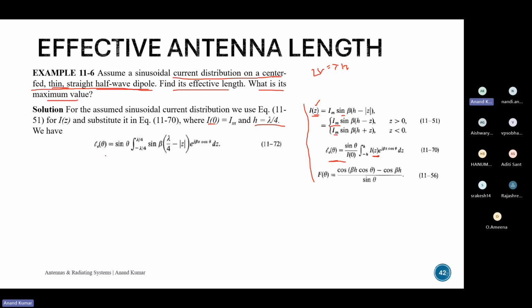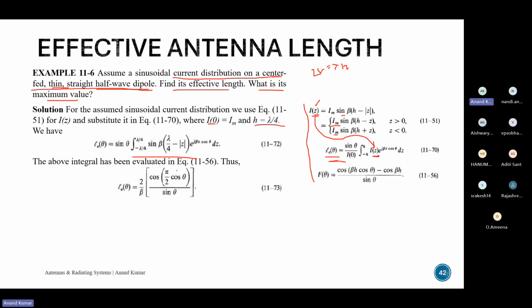Using this expression and substituting the current distribution inside the expression for effective length, we get this expression: sine beta (lambda by 4 minus z) e power j beta z cos theta. If you evaluate this integral, this is what we end up with. The effective length would be 2 upon beta, cos(pi by 2 cos theta) upon sine theta. This is the effective length that we have got.